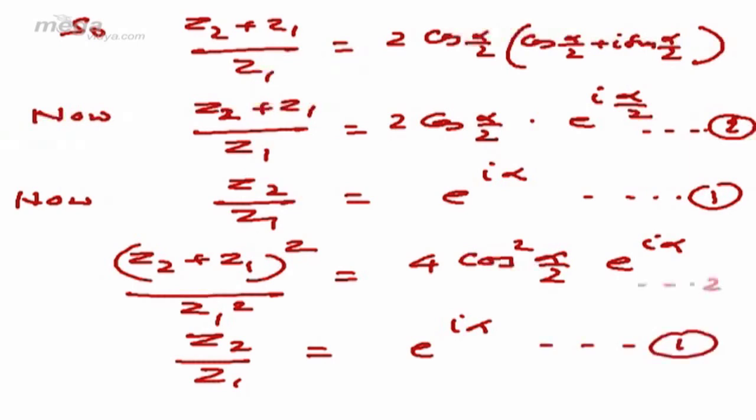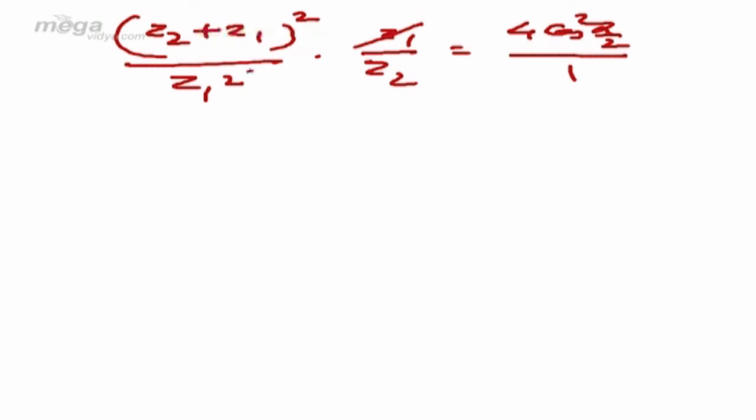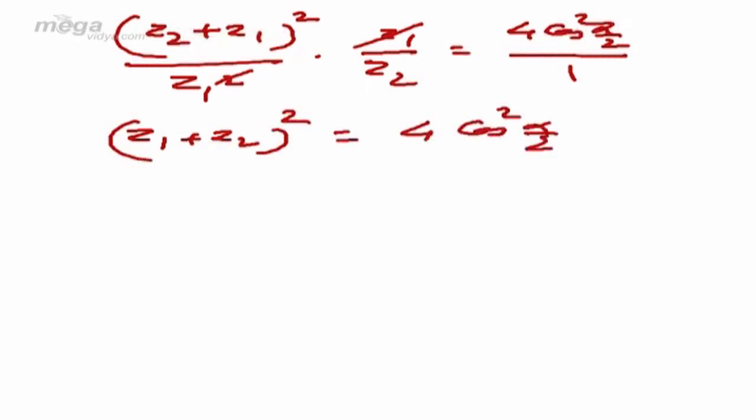If we divide the second equation by the first equation, it will become (Z2 plus Z1) whole square divided by Z1 square into Z1 by Z2 is equal to 4 cos square alpha by 2 by 1. Z1 cancels out with Z1, so it will become (Z1 plus Z2) whole square is equal to 4 cos square alpha by 2 into Z1 into Z2.